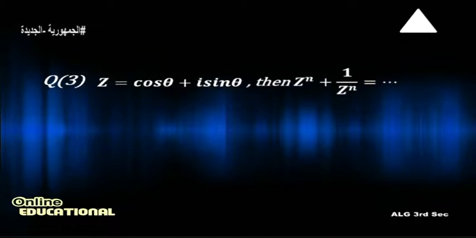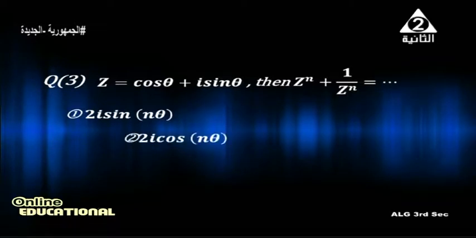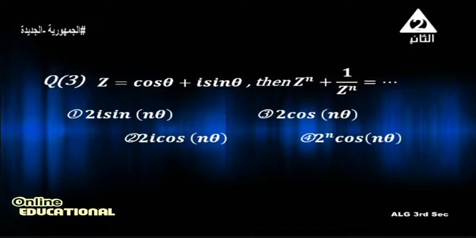Another one. Z equals cosine theta plus i sine theta. What is Z? This is called a complex number. Then Z to the power n plus 1 over Z to the power n equals, choose the correct answer: 2i sine n theta, 2i cosine n theta, 2 cosine n theta, 2n cosine n theta, or 2 to the power n cosine n theta.